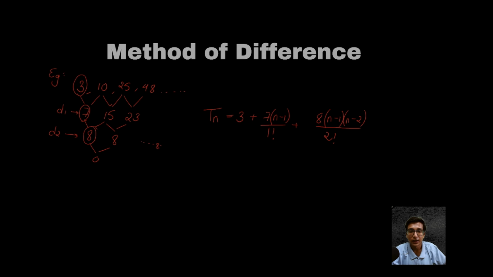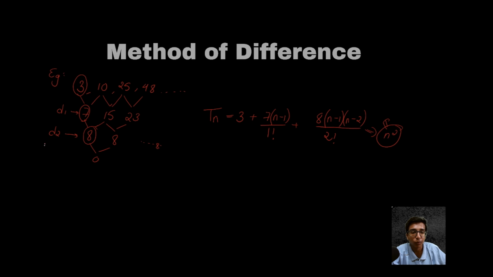That's it. And this way you will get an equation in n which would be a quadratic, since n would be squared in this equation. This way you can find the nth term of any sequence that has been provided to you.